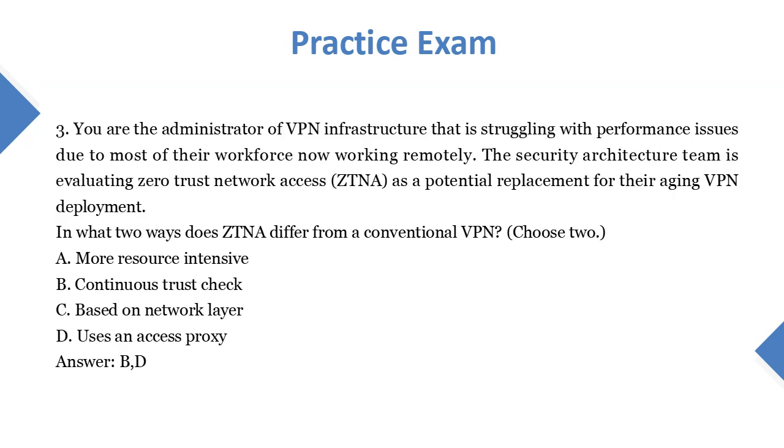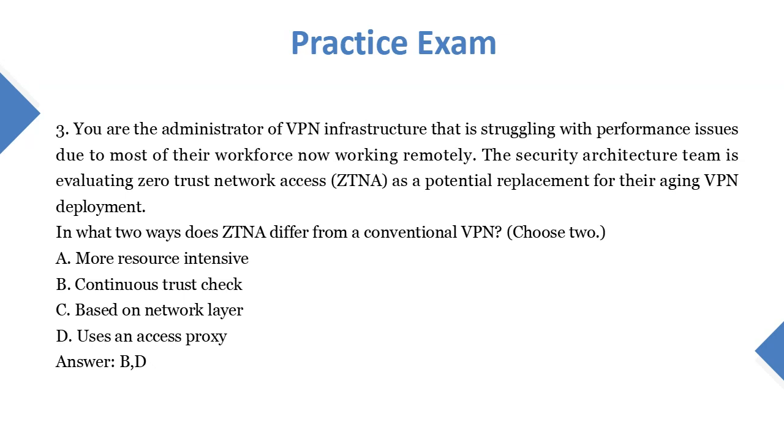3. You are the administrator of VPN infrastructure that is struggling with performance issues due to most of their workforce now working remotely. The security architecture team is evaluating Zero Trust Network Access, ZTNA, as a potential replacement for their aging VPN deployment.